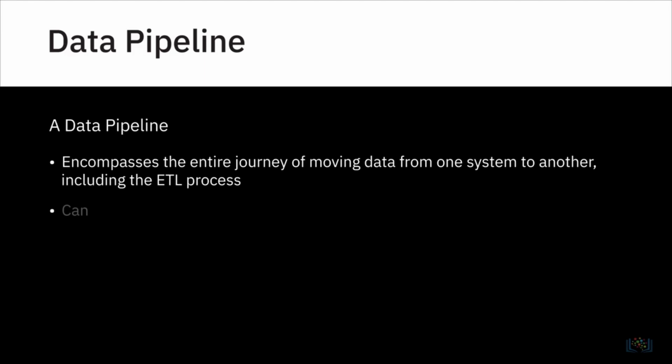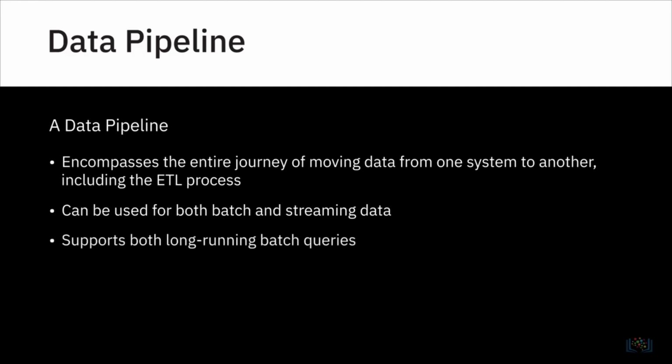Data pipelines can be architected for batch processing, for streaming data, and a combination of batch and streaming data. In the case of streaming data, data processing or transformation happens in a continuous flow. This is particularly useful for data that needs constant updating, such as data from a sensor monitoring traffic. A data pipeline is a high-performing system that supports both long-running batch queries and smaller interactive queries.